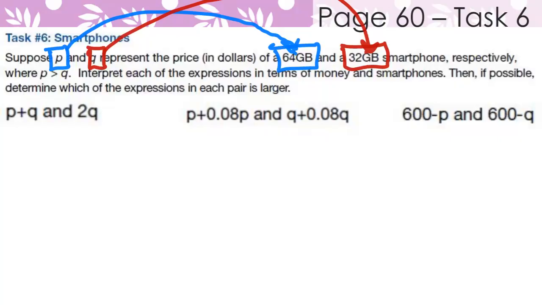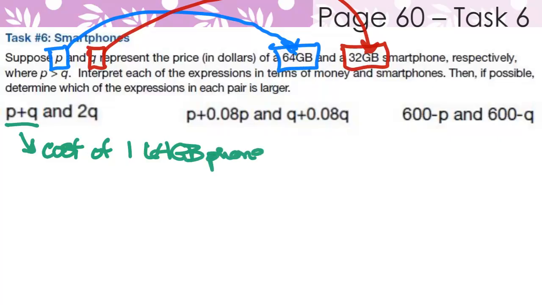Yeah. Okay, so P plus Q is going to be the cost of one 64 gigabyte phone and one 32 gigabyte phone, right?